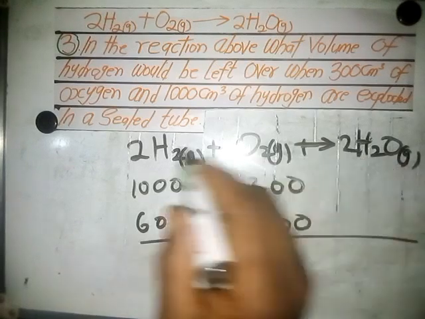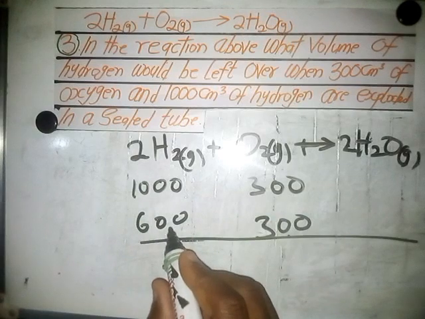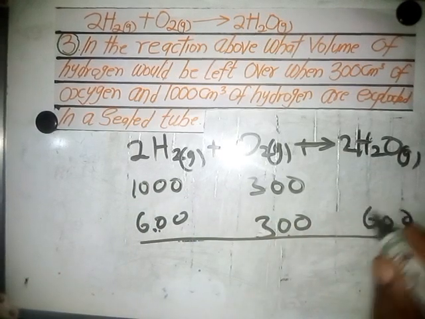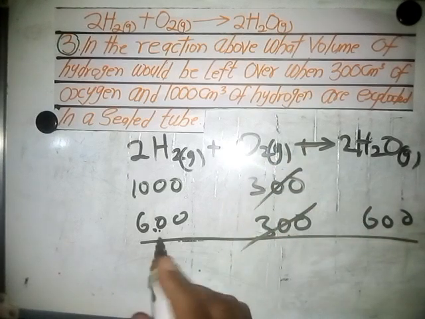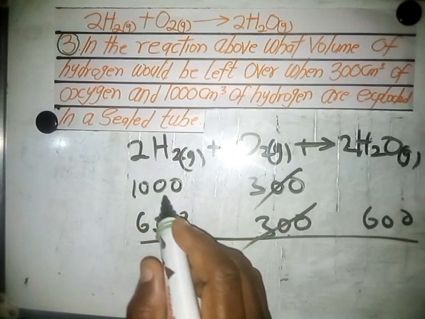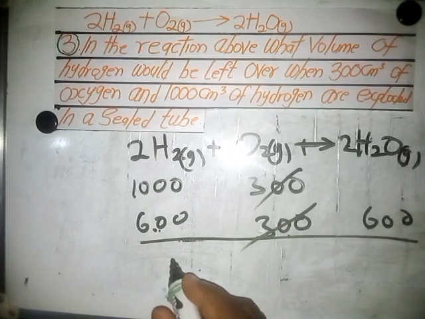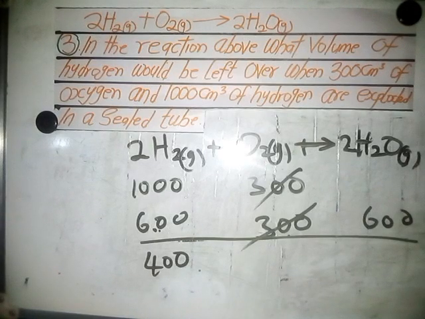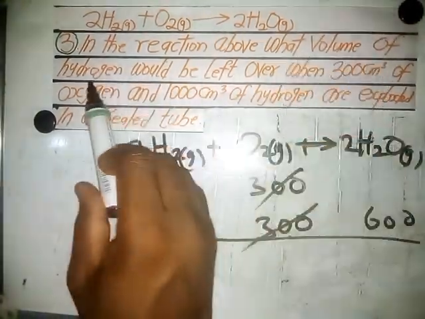Then, because the molar ratio here is 2:2, automatically the volume of the product here will also be 600. So here, this is 0. Everything was used up. So 1000 minus 600, you get 400. Your question was, what volume of hydrogen will be left over?